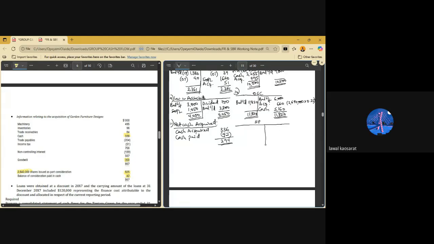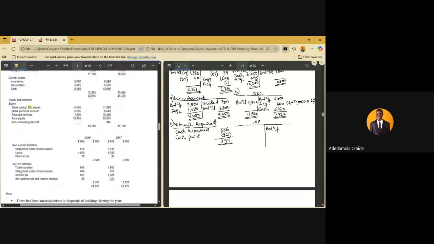So in our share premium account, we'll have balance brought forward of 6285, and the balance carried down will be 8649. The premium on the shares for acquisition will be 825 minus the 660. 660 is the nominal value of the shares issued for the acquisition, but what we are giving is 825. So the excess has to be the premium, and that's 165.